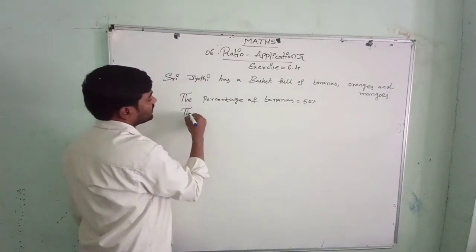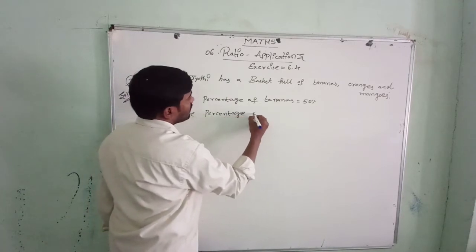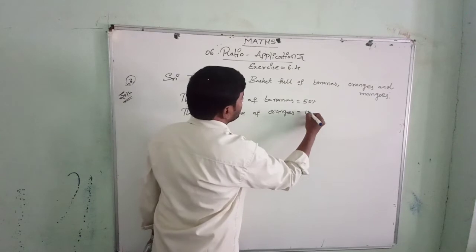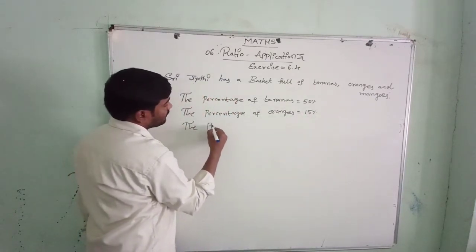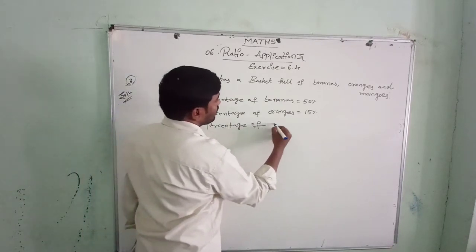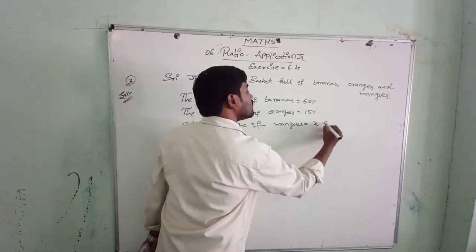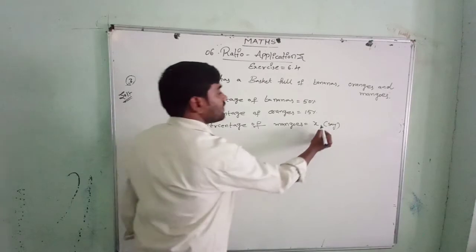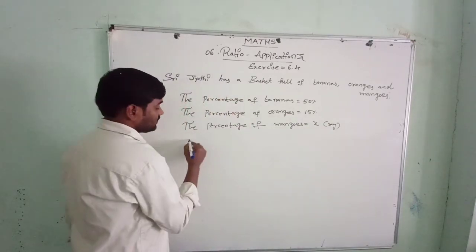Then the percentage of oranges is equal to only 15%. Then the percentage of mangoes, we don't know. So let us assume it as x percentage of mangoes. Then a basket will always contain 100%.